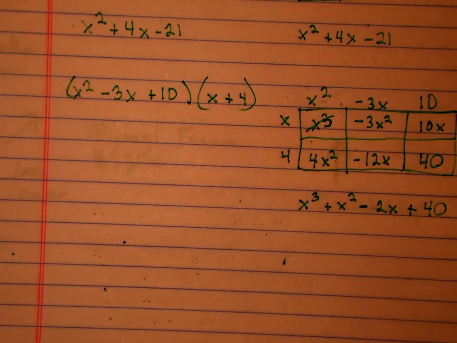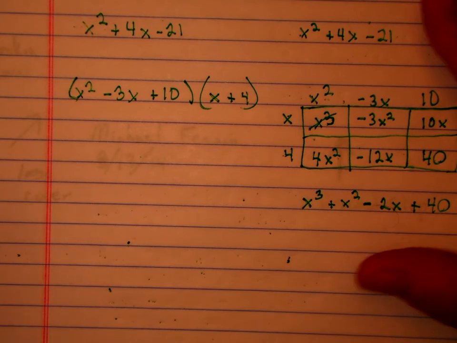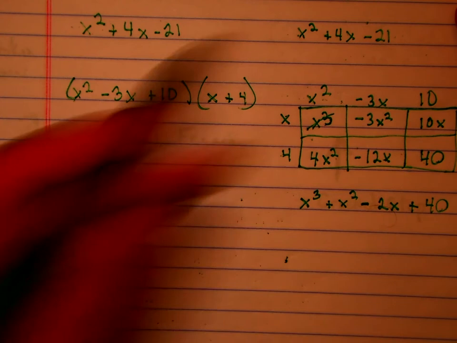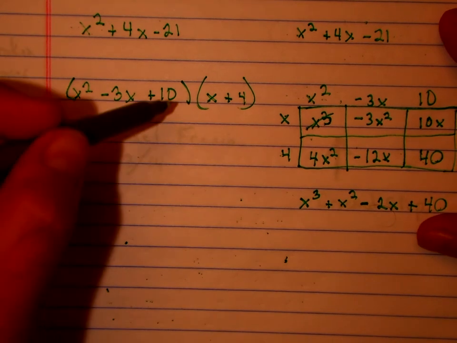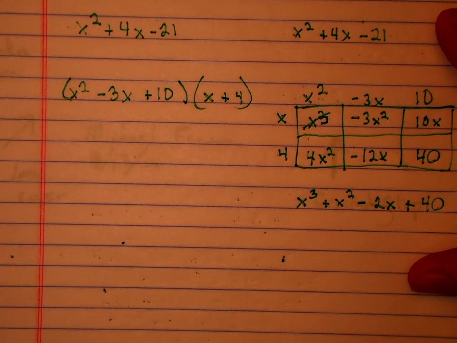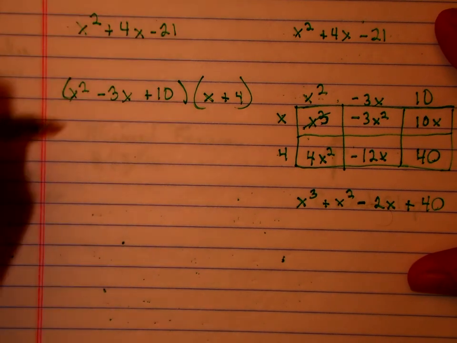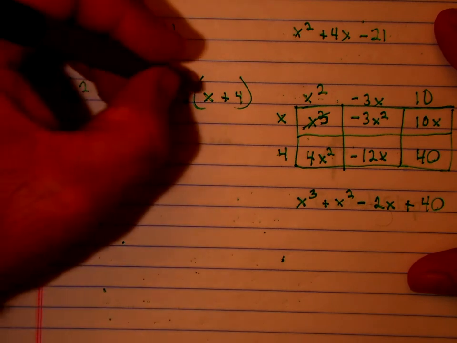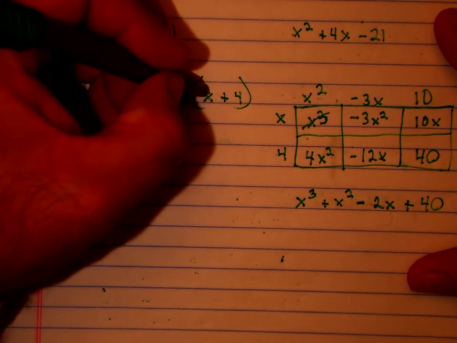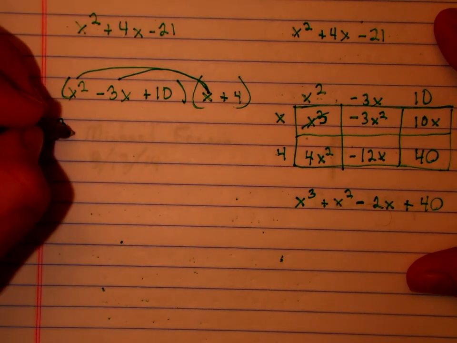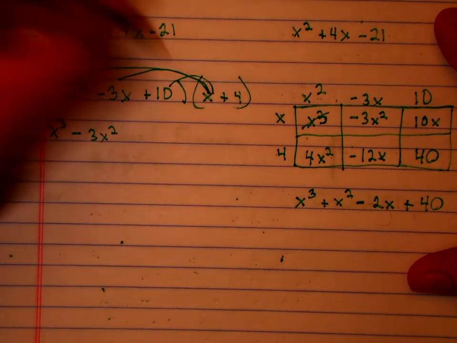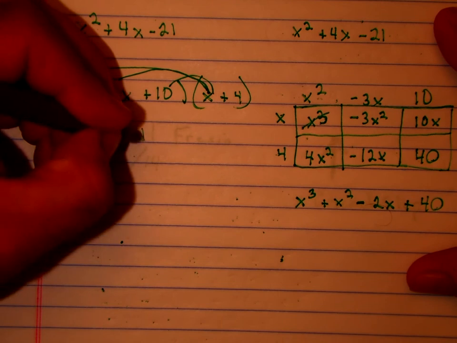Smiley face. Same concept. We can do it, well, it's not going to be a smiley face because there's not 4 things I'm multiplying. Now there's 6. Right? So here we go. We go this way. I'm going to do x times everything over here first. So I'll do x times x squared, x cubed, x times negative 3x, which is negative 3x squared, and then x times 10, which is 10x.